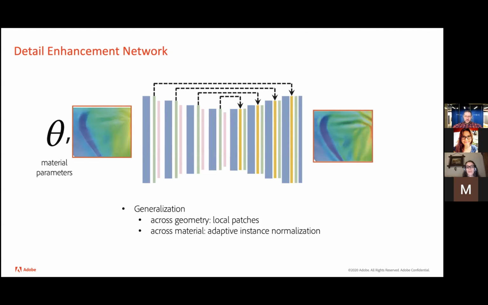So in order to generalize across the different garments, instead of looking at the whole normal map, we actually operated on local patches in the normal map. So the network does not see whether this patch is cropped from a skirt or a shirt or a dress or pants. It just operates locally.